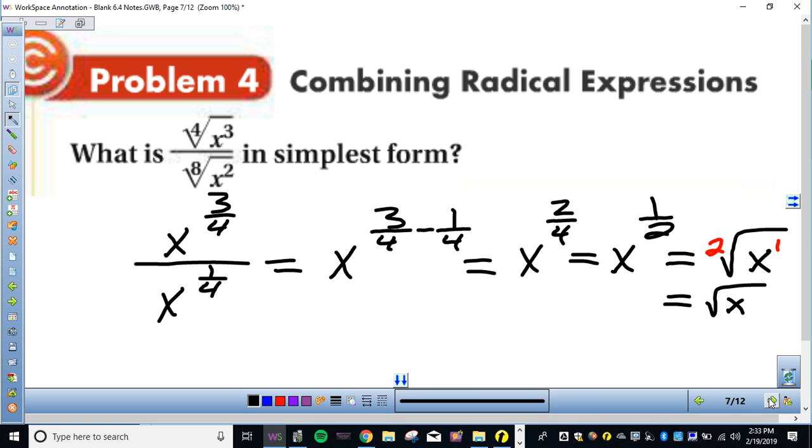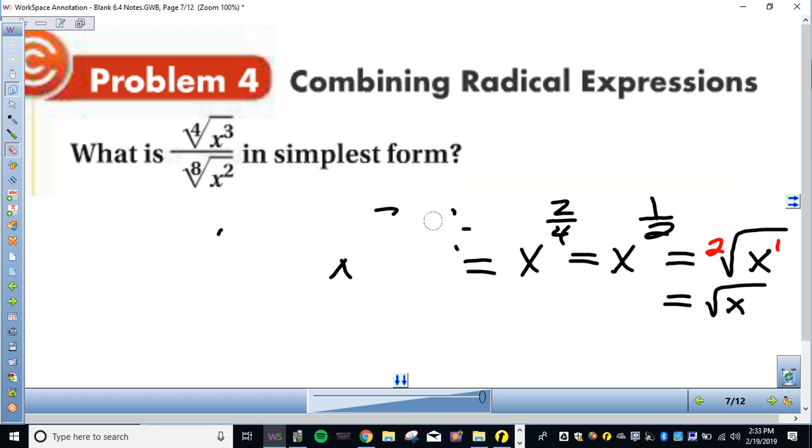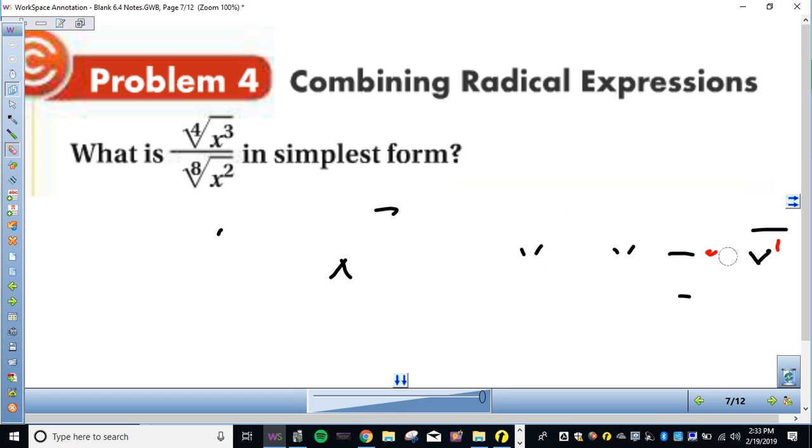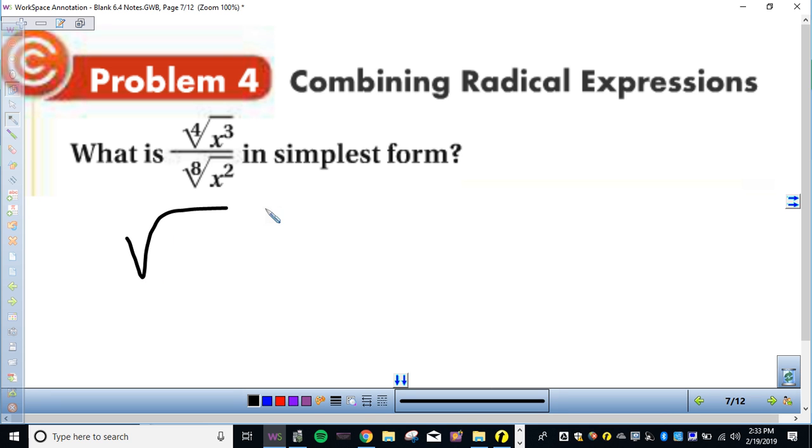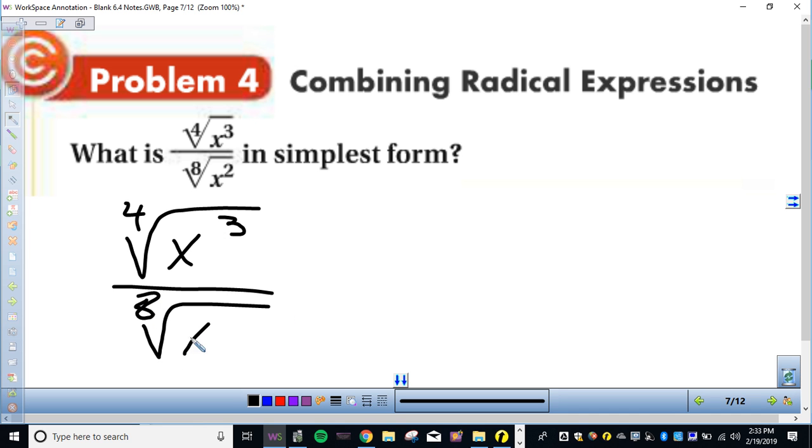Okay. So write these down. If you need a bigger, 4th root of x cubed over the 8th root of x squared.